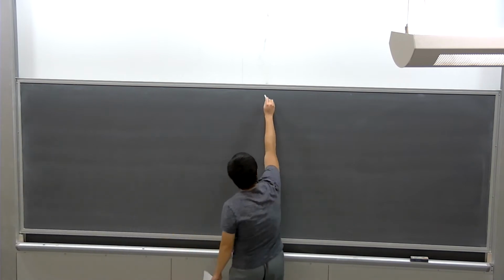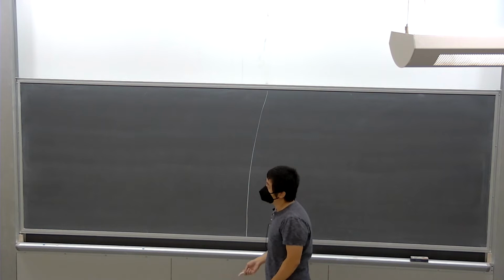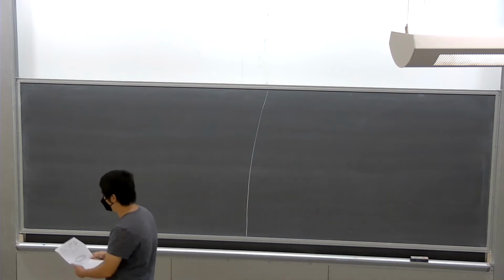Okay. And so of course, we can see that the sequence xn here is a Markov chain. But in this case, the transition probability is very hard to write down.